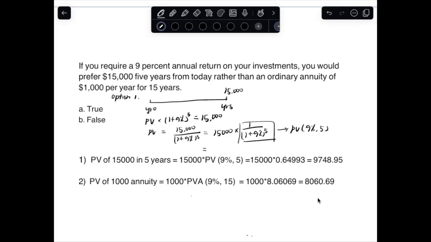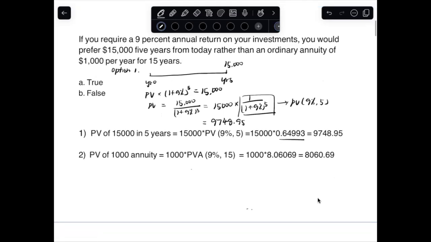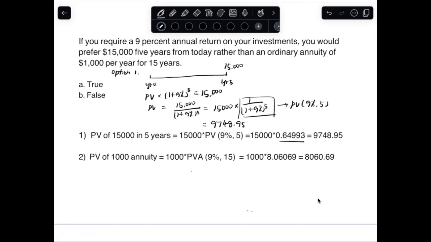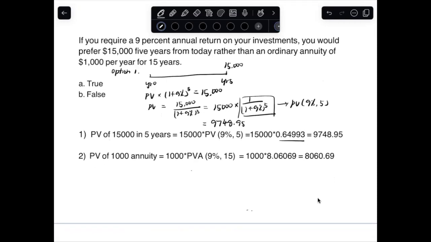We can use the finance calculator to calculate it, and the value we get is 9748.95. That's the present value today for option one. Which means having 9748.95 today is equal to having 15,000 5 years later, because money has a time value.